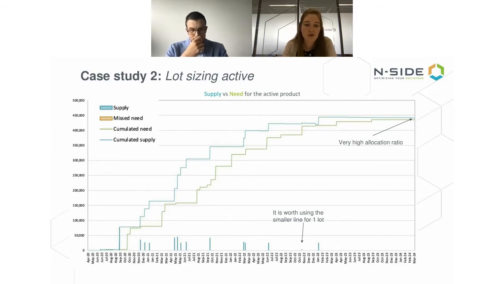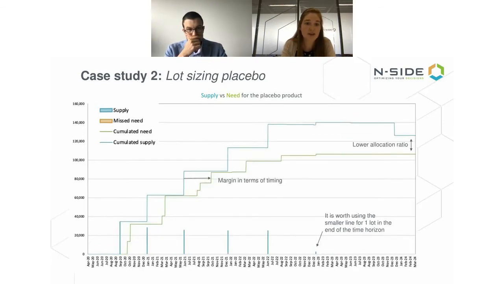Now, what was also very interesting in this project is we did the analysis for the active product, but we also did it for the placebo product. And for the placebo product, the drug was way less expensive, and the fixed costs of starting the manufacture of a new lot were actually much higher than the cost of having drug that would be wasted.